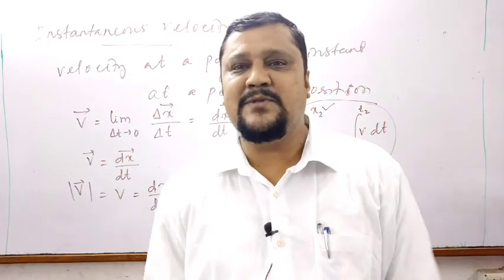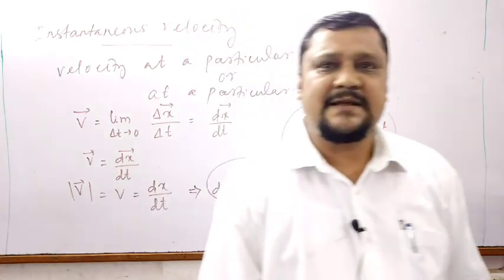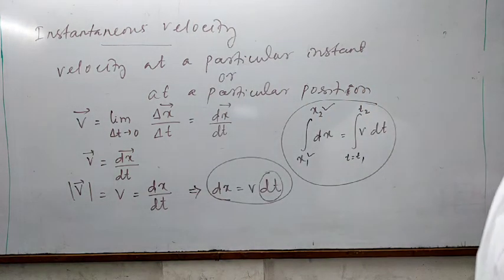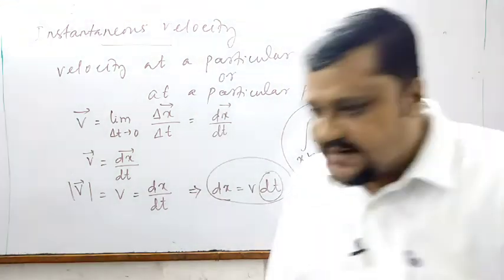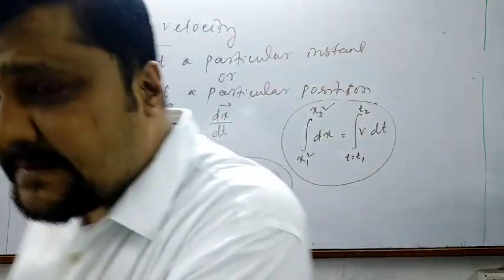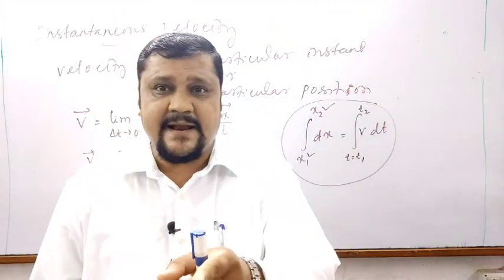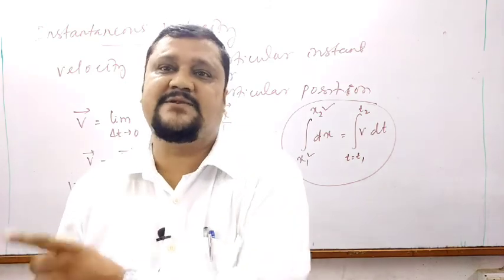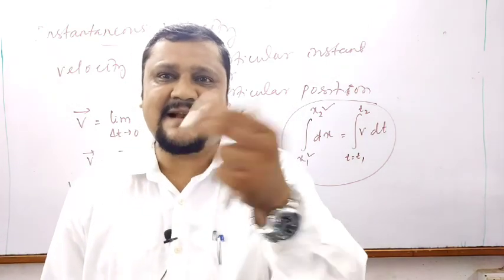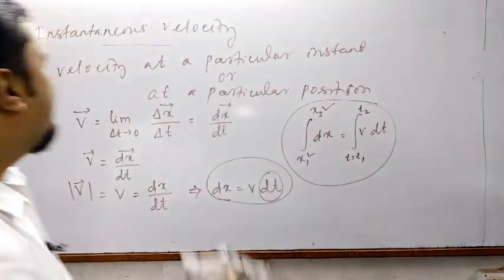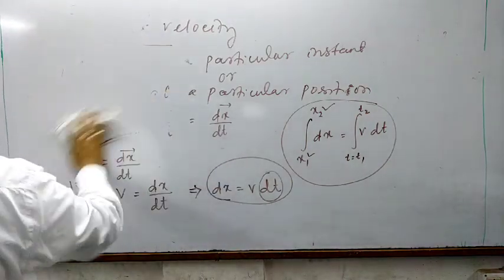So speed is equal to the magnitude of the velocity. Okay. So if a body is moving in a straight line path, its average speed is equal to the magnitude of average velocity, because in a straight line the distance is equal to displacement. Clear? So this is about the velocity part.